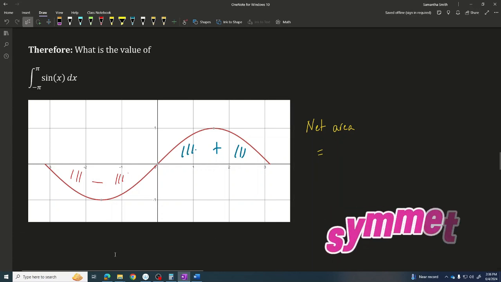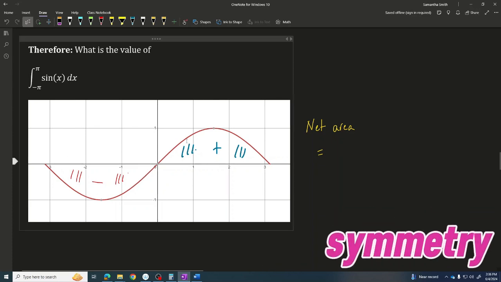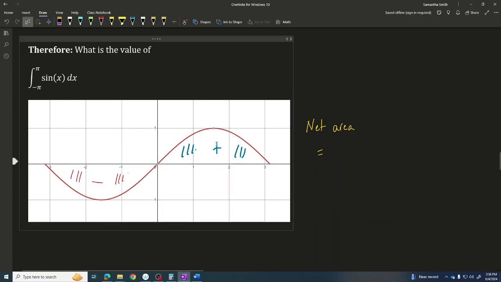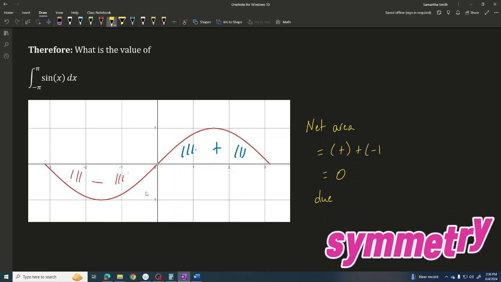And because of the symmetry of the function sine of x, because of the symmetry of this image, we can see that this region above the x-axis is basically exactly the same as this region below the x-axis. The only thing that's different is that one is on top and one is on the bottom. So when they are combined, the positive area and the negative area will cancel perfectly because of that symmetry.